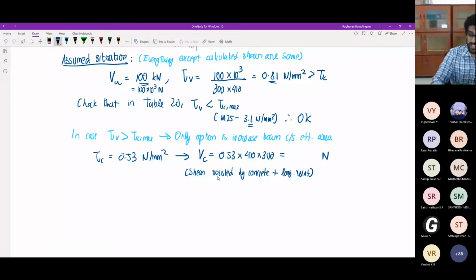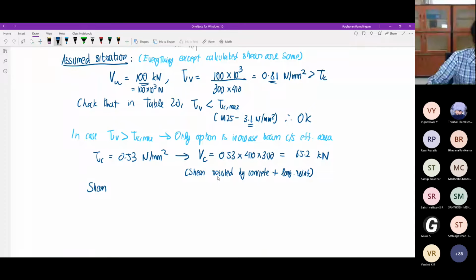We need to use a formula for this. It is given on page number 73 of your code book, page 73 of IS 456-2000.